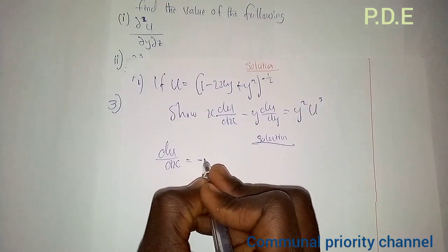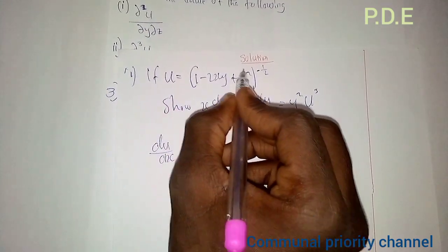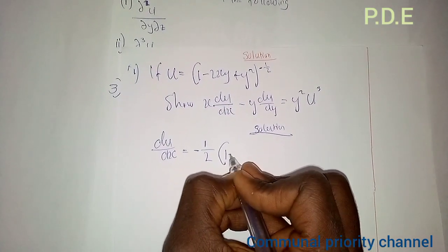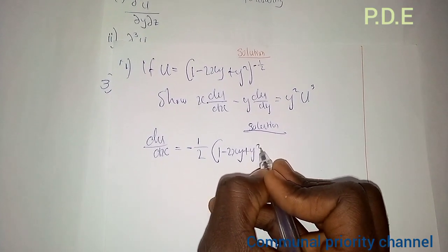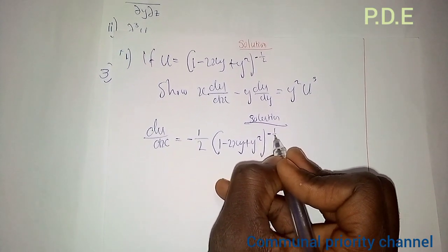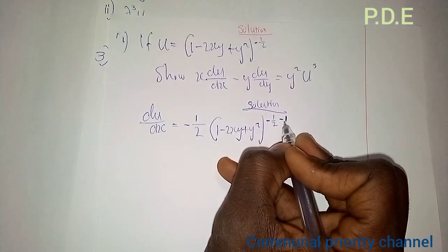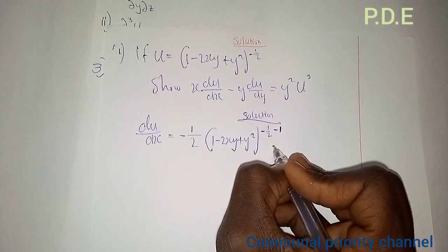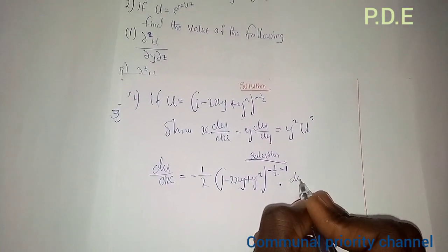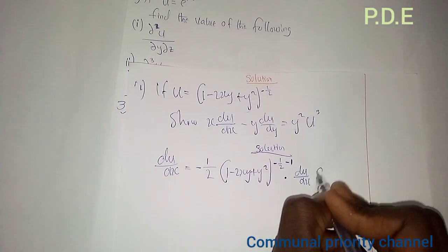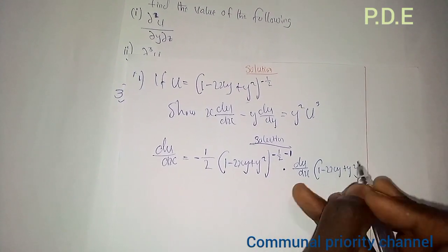Therefore, this will be minus 1 over 2 multiplied by the bracket as it is, (1 minus 2xy plus y squared) to the power of minus 1 over 2 minus 1. Since it is differentiation, we always subtract 1 from the power. Then multiply by the differentiation of the bracket, du over dx of (1 minus 2xy plus y squared).